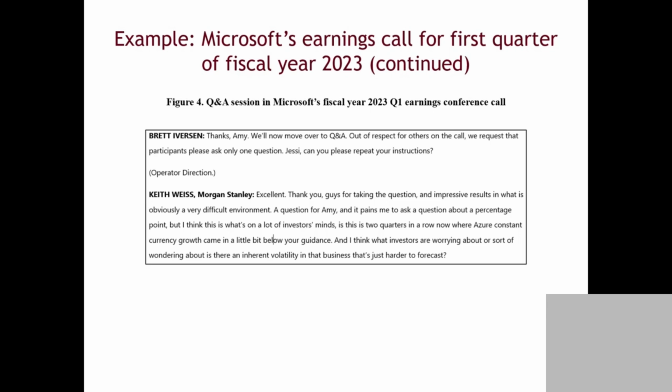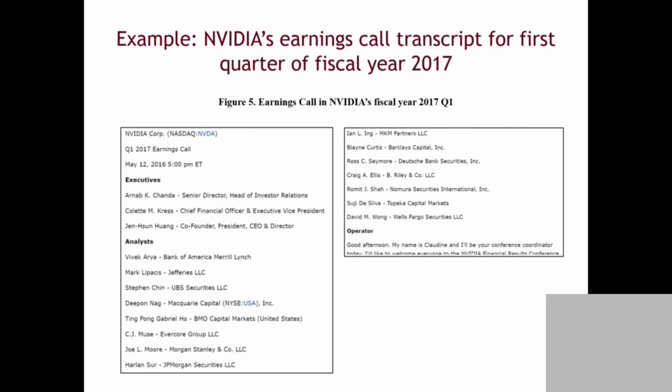You can see, we'll move on to Q&A. Out of respect for others on the call, we request the participants ask only one question. Then this is an analyst from Morgan Stanley, Kathy, who will say, great session, and so on. That's the structure of the conference call.